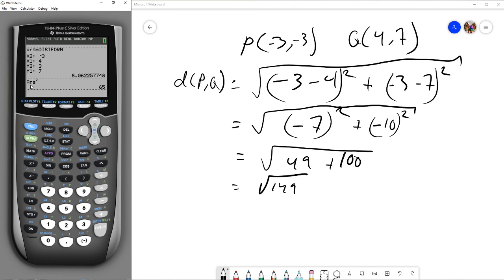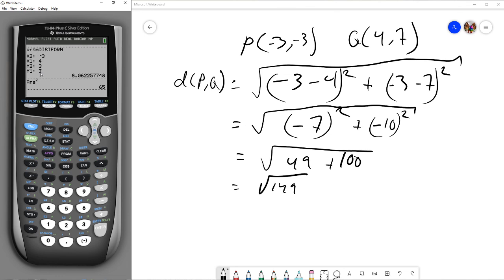Answer stores the result of the previous calculation. So in this case, the 8.06, etc. That was stored in ANS. And by squaring ANS, you got whatever this was. So that tells you for this set of coordinates right here, the answer was root 65.